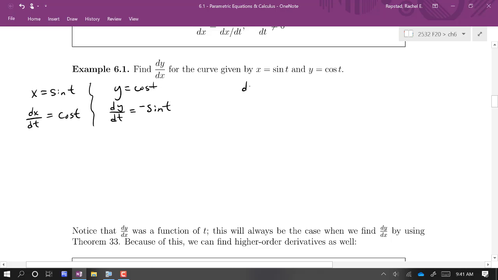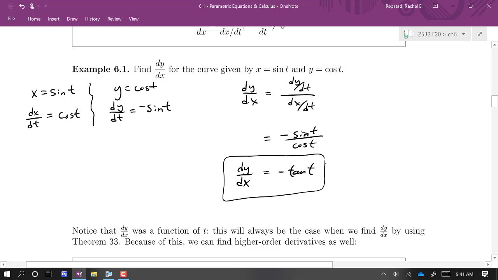So now using Theorem 33, dy dx is dy dt divided by dx dt. That gives us minus sine t over cosine t, or negative tangent of t.